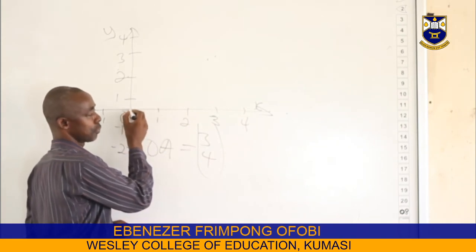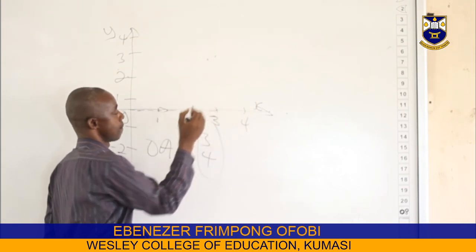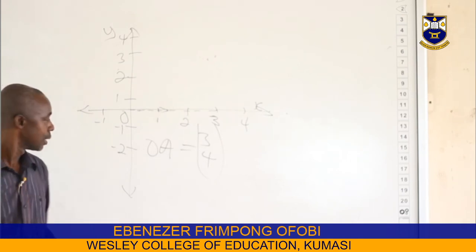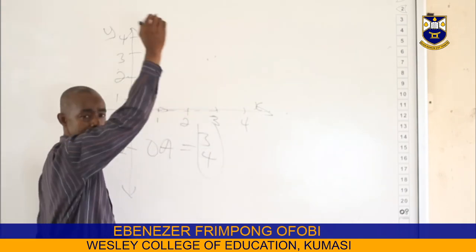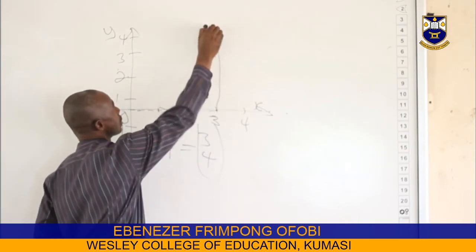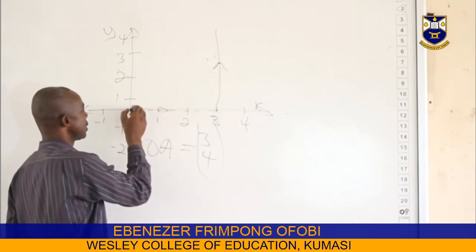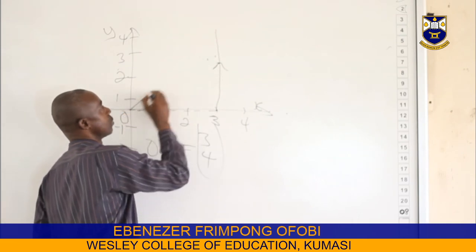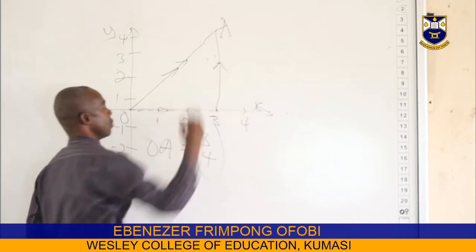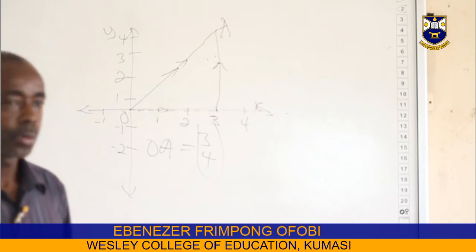Definitely, we move 3 steps from the origin on the x-axis, because that's the x component. Then 4, because it's positive, we move up. If it were negative, we would come down. So we move up 4 steps. And then your vector will be from where you started to where you ended. That is your vector OA in column form.